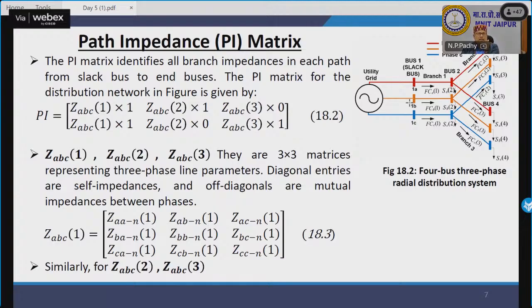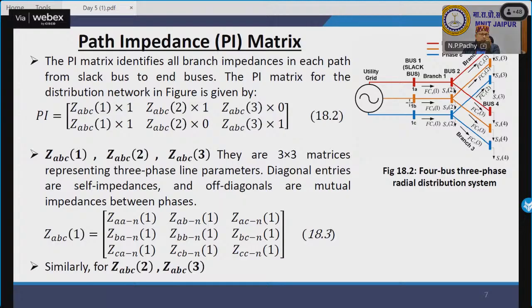But you need to understand that in one case it is 1, 2, in the other case it is 1 and 3. Am I right? Similarly, ZABC1, ZABC2, ZABC3 are 3 by 3 matrices representing 3-phase line parameters. Diagonal entities are self-impedances and off-diagonal are mutual impedances, very standard, where ZABC can be defined in this form, which is equation 18.3.